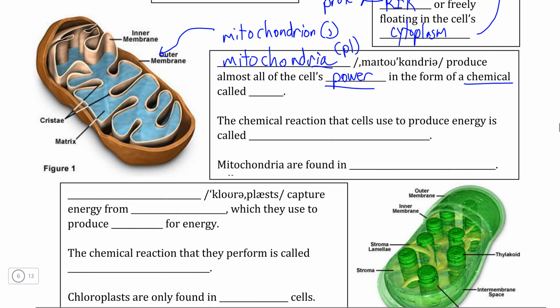It exists as chemical energy in the form of a chemical called ATP, which you will learn about in future years. Now, the chemical reaction that is facilitated by your cell's mitochondria is arguably the most important chemical reaction that exists on Earth, which is the process of cellular respiration.